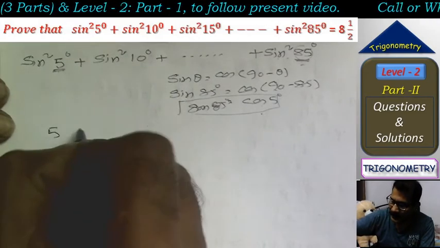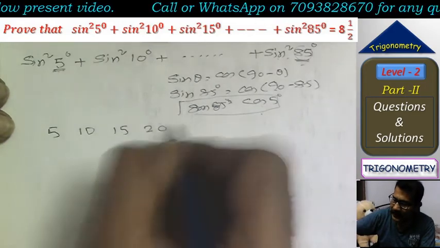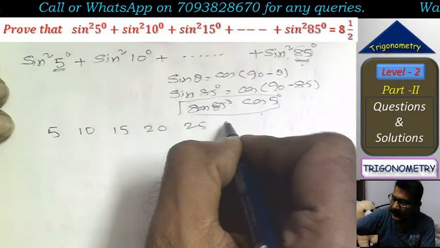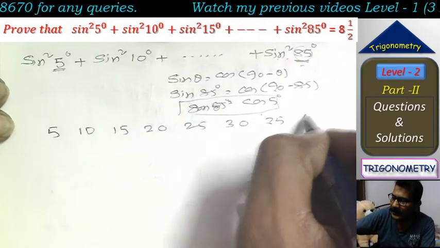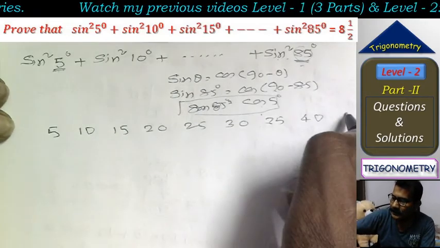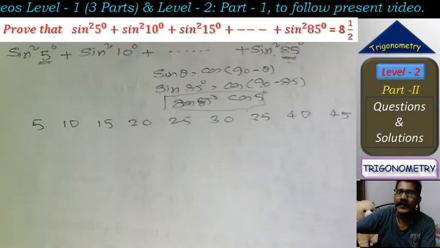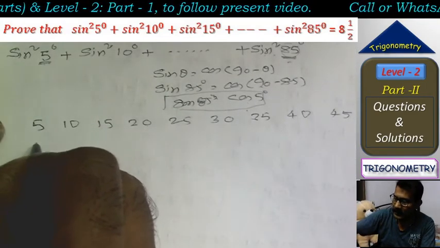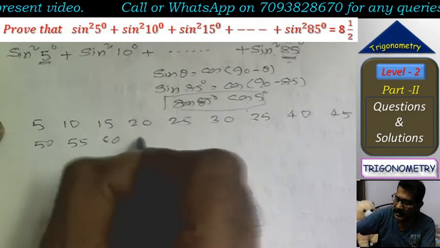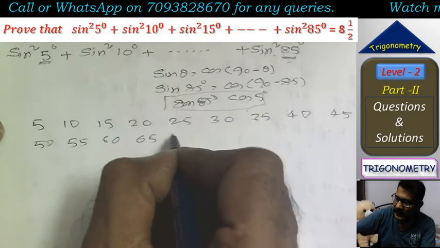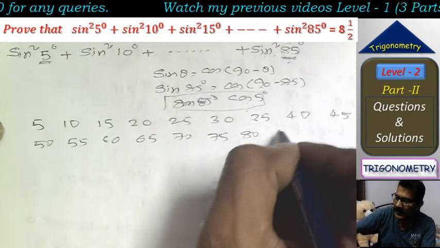5, 10, 15, 20, 25, 30, 35, 40, 45, 50, 55, 60, 65, 70, 75, 80 and 85.